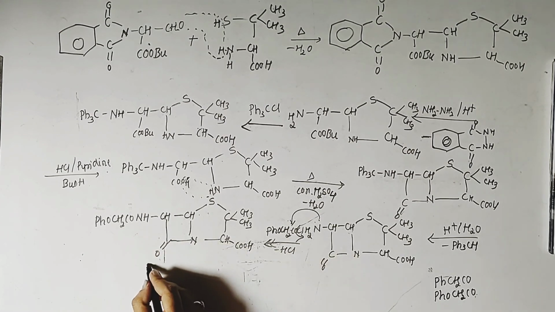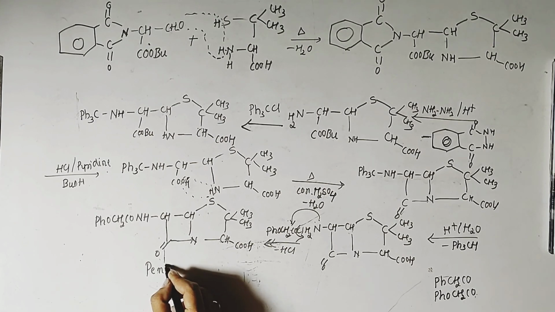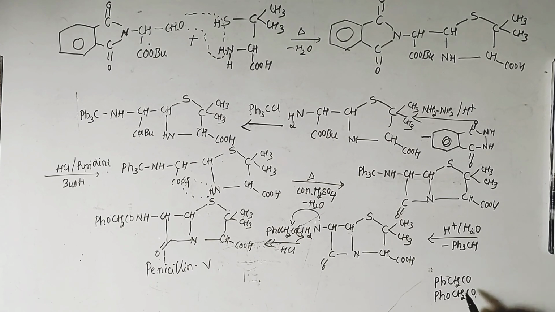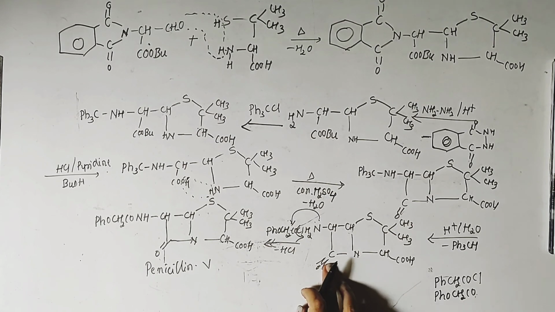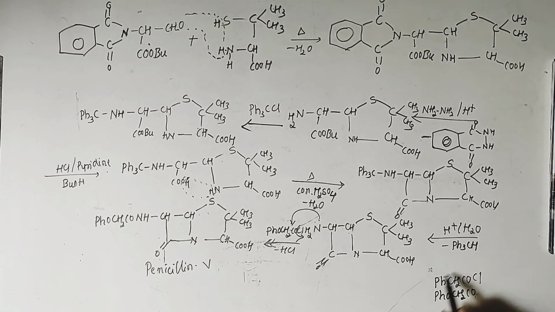So this is our final penicillin V. So if you are going to use phenyl acetyl chloride, then we will get the penicillin G. So up to this, that is the formation of the base for the penicillin, is the same for all kinds of penicillin. The only difference is in the final step, depending on which kind of penicillin you want to synthesize, you just add the final reagent accordingly.